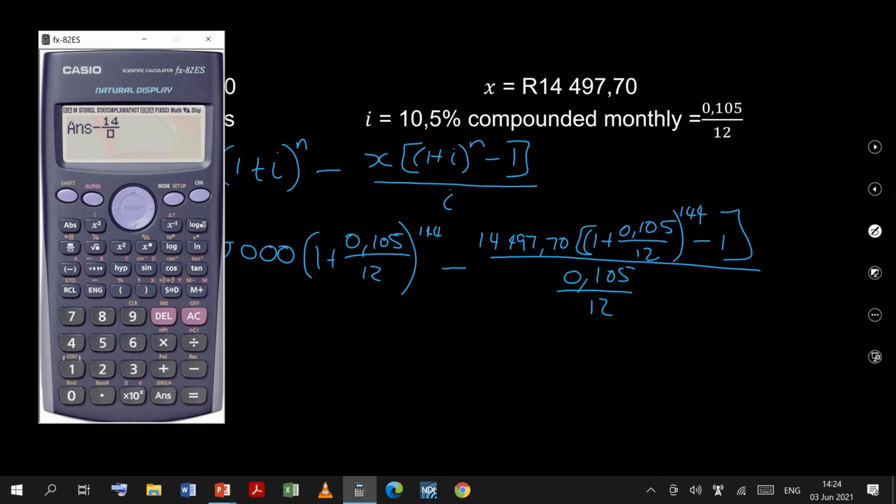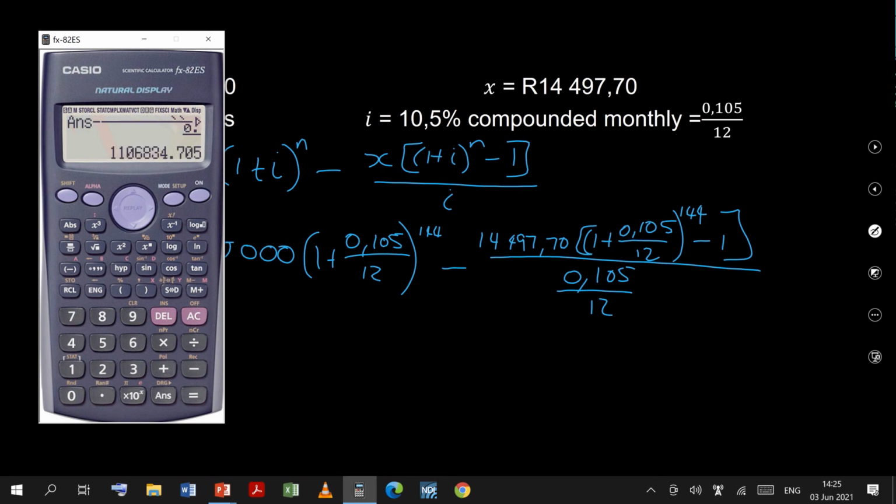So 14,497 and 70 cents, 1 plus 0.105 over 12 to the exponent of 144, minus 1, all over another fraction, 0.105 over 12. And then you find what the answer is.